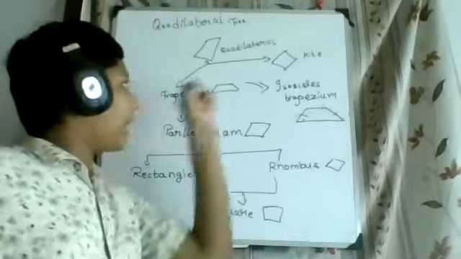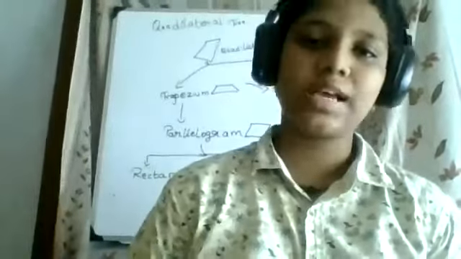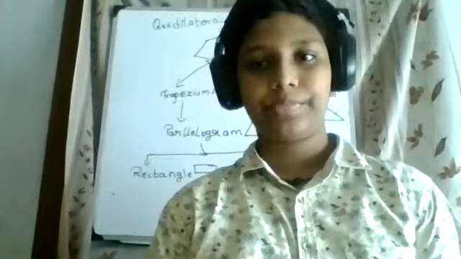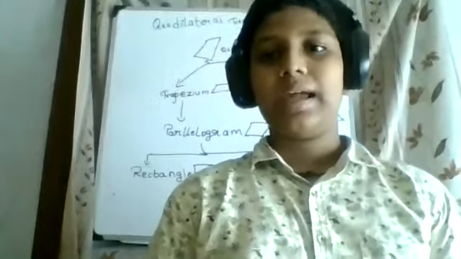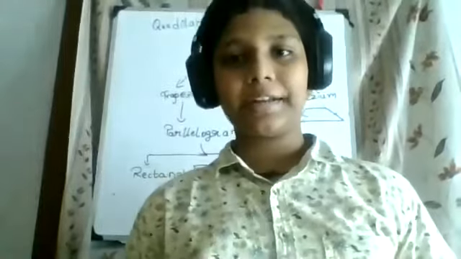Next, a quadrilateral. A square has four sides, so it is known as a quadrilateral. This is the main topic of the quadrilateral tree. Now I have shown you how the quadrilateral tree is derived.